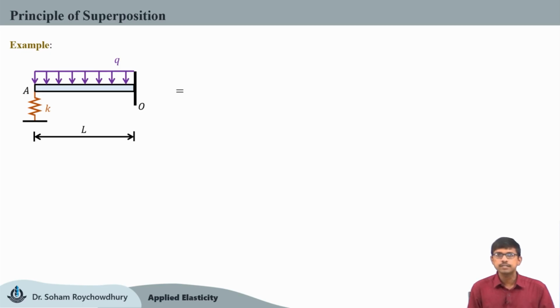If you carefully observe, there are two types of external forces acting on this beam. One is the external distributed loading of intensity small q, which is uniformly distributed throughout its length L. Another is the spring force coming at point A, which equals k times the displacement of point A, k times ua, let us say.